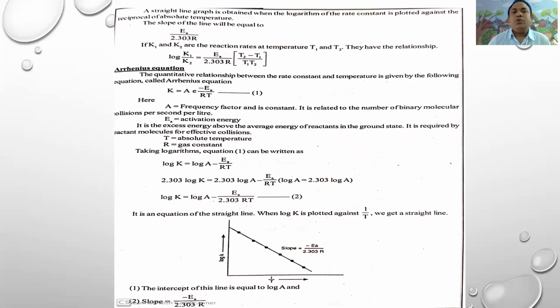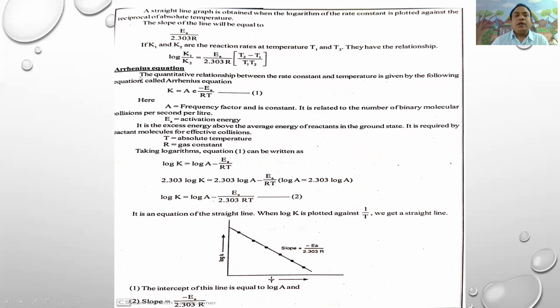If K1 and K2 are the reaction rates at temperatures T1 and T2, the relationship between them is log K1 by K2 equal to Ea by 2.303 R into (T2 minus T1) by T1 T2. It is the relation between the specific reaction rates and activation energy, or specific reaction rates and temperature.